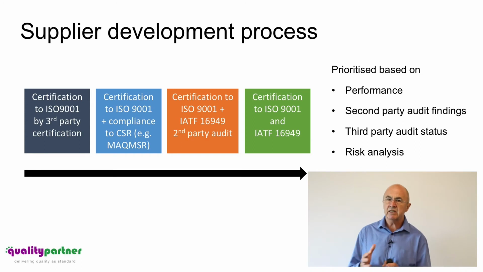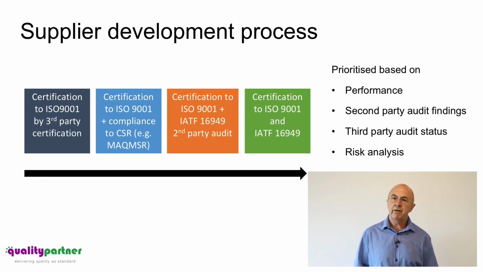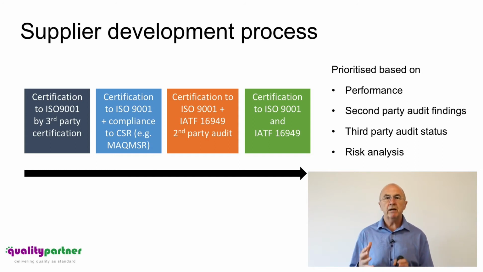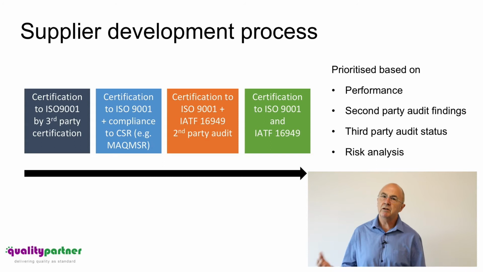So this is the next stage in the supply development process. The final stage is certification to ISO 9001 and IATF 16949. So the ultimate goal should be that all of our suppliers that are applicable for IATF 16949 are compliant with the requirements. But that is a long-term goal.